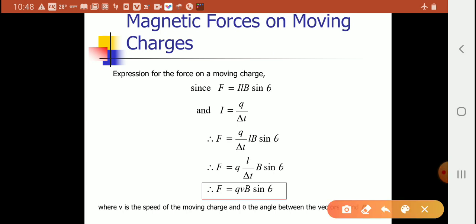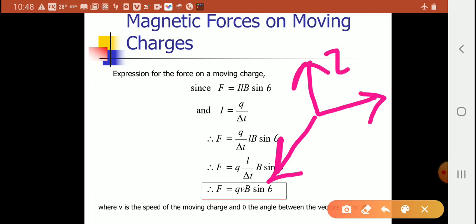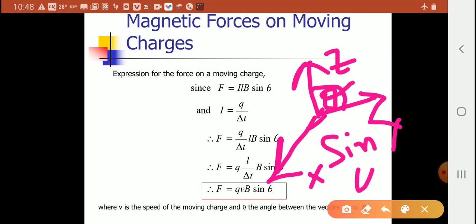Here, in the case of force and current, it depends on the coordinate system, right? Suppose this is the coordinate system: this is the z, this is the y, and this is the x. In between, we exert a force at an angle theta. So this angle is theta, right?